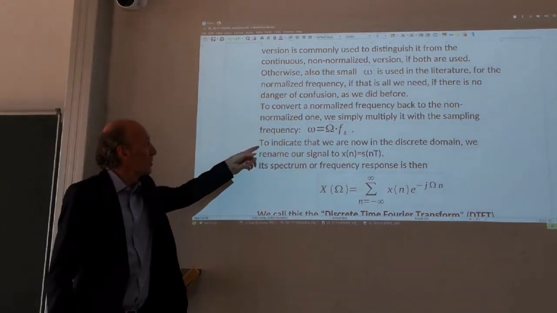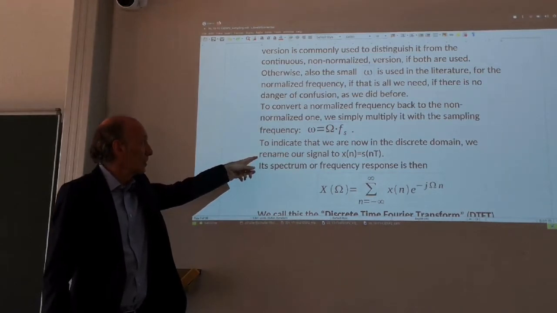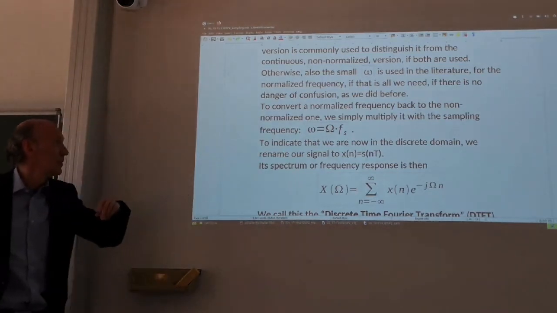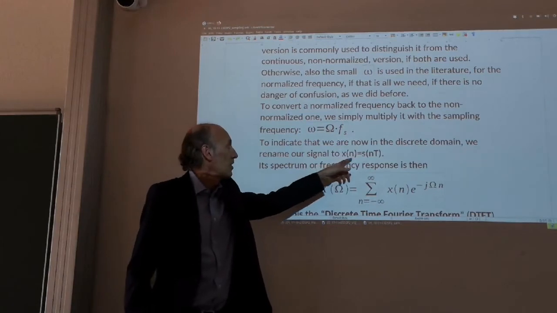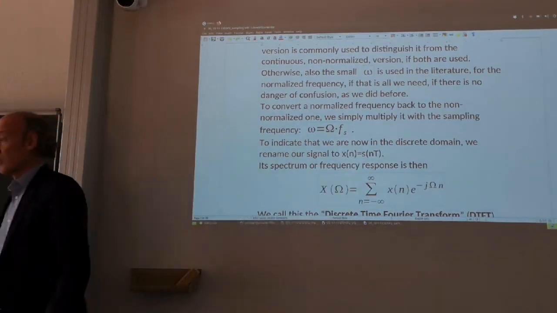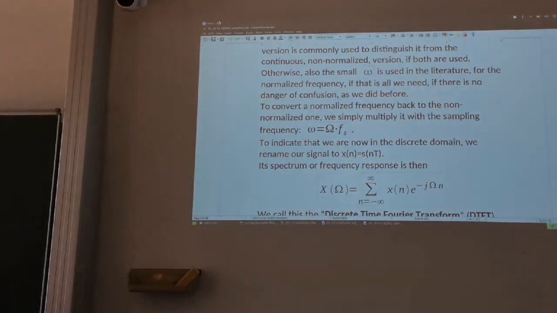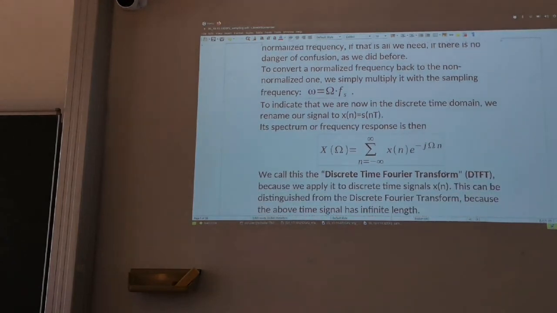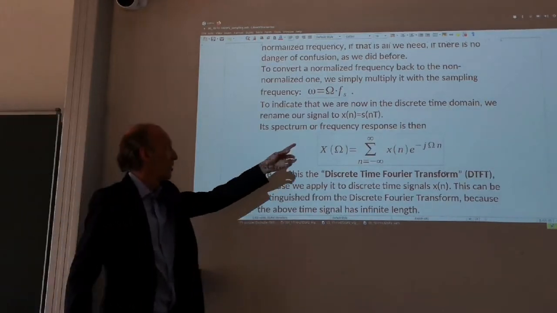And to indicate that we are now in the discrete time domain, we rename our signal s of nT as x of n. This is just a simplification.